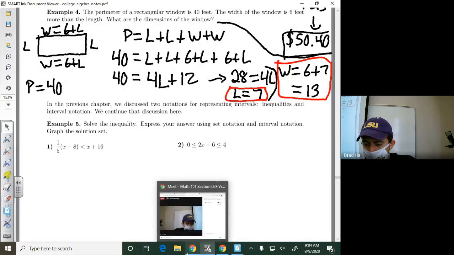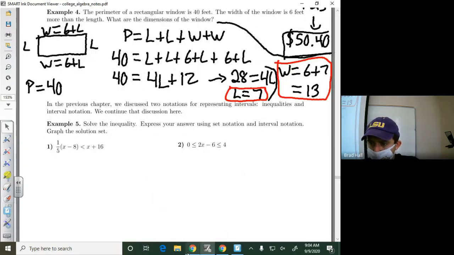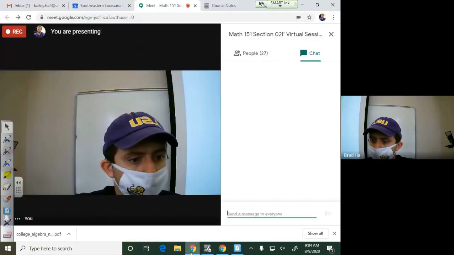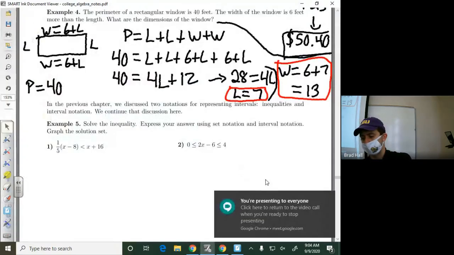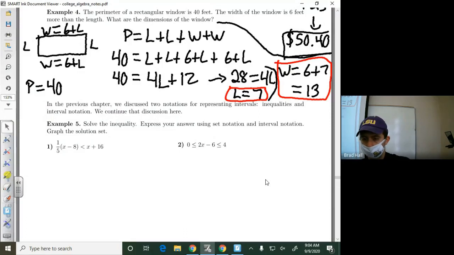If everyone's okay with that, I'm going to move on to inequalities in interval notation. So in the previous chapter, we talked about interval notation already. We're going to talk about it a little bit more here and show how inequalities and interval notation are both helpful. The reason why inequalities are helpful is because we can do algebra with them.